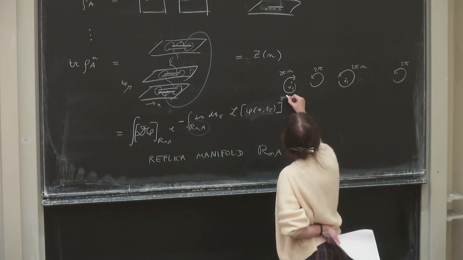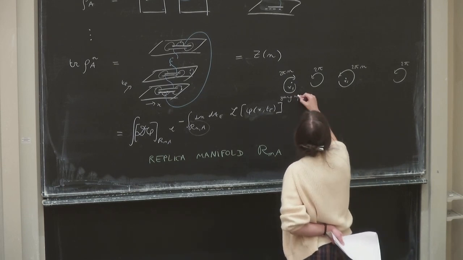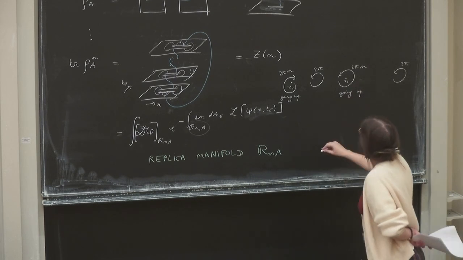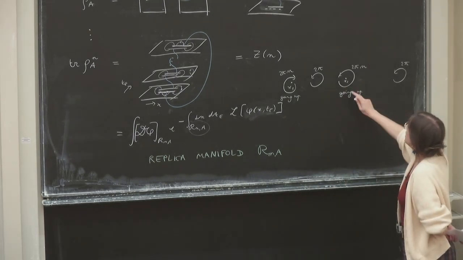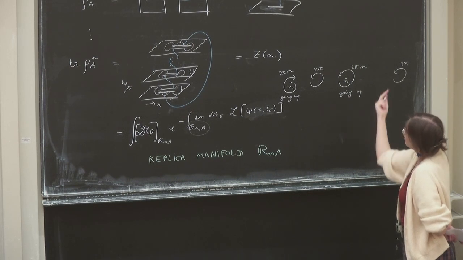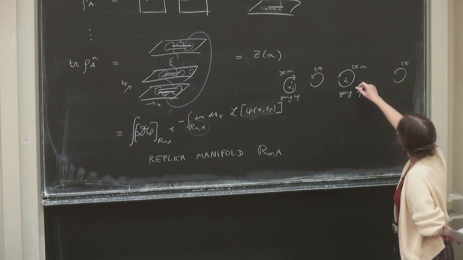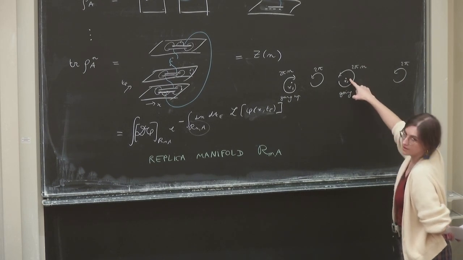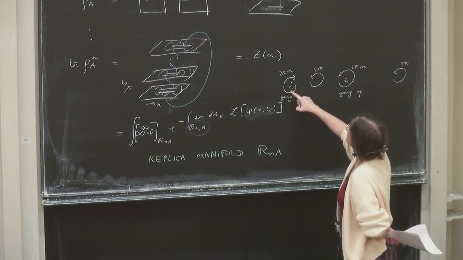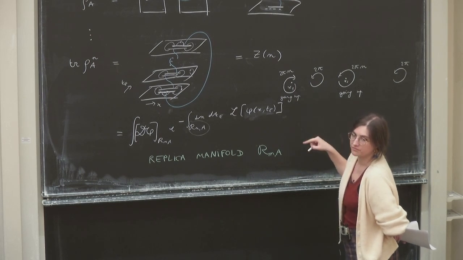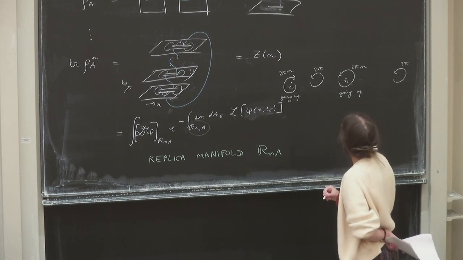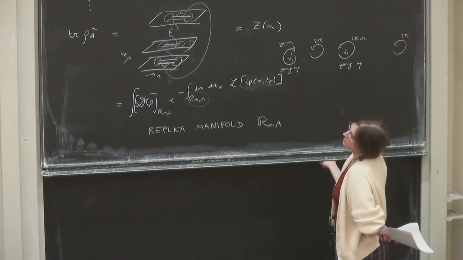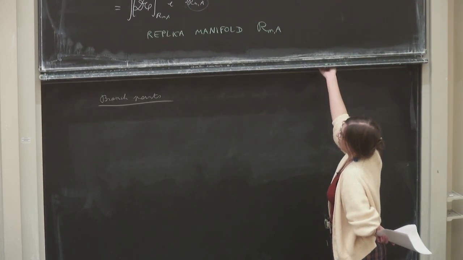So going up in this direction, going up. So you're going up to the next sheet by moving counterclockwise around x2 and by moving clockwise around x1. Okay? Right. So these are the characteristics of this manifold.